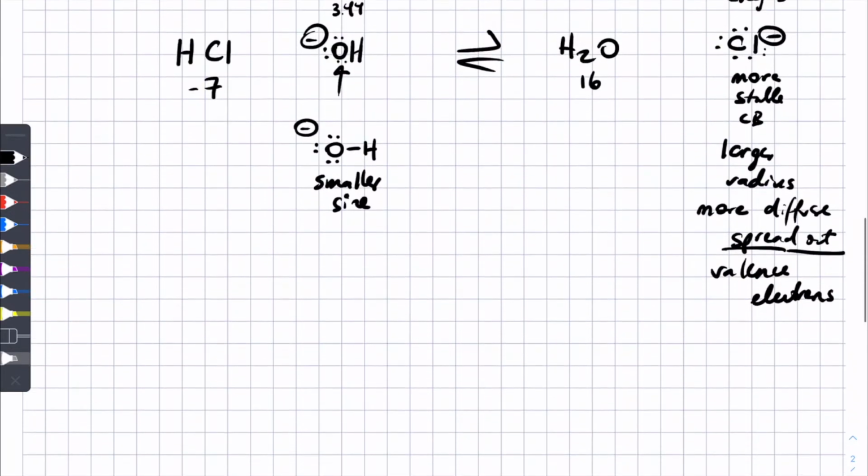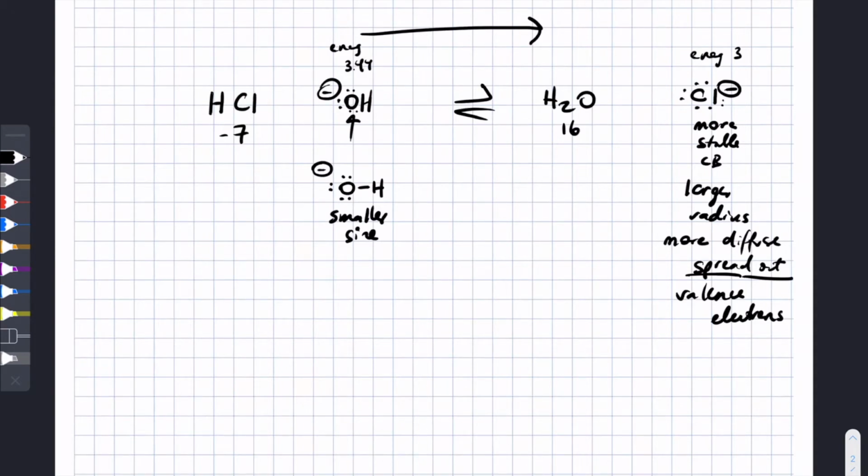If you remember back to that awful bit at the first part of the semester where we were talking about wave functions and doing second derivatives and all of that business, the conclusion there was that the more spread out an electron was, the lower its kinetic energy. And so we would say that the electrons on chlorine have lower kinetic energy than they do on oxygen, and therefore they're more stable, despite the electronegativity difference.